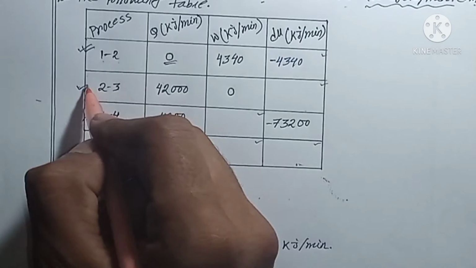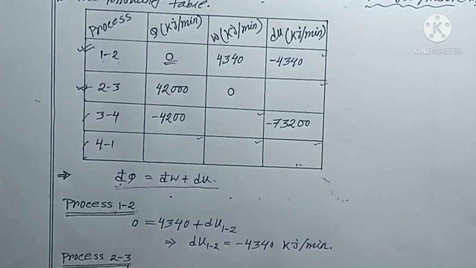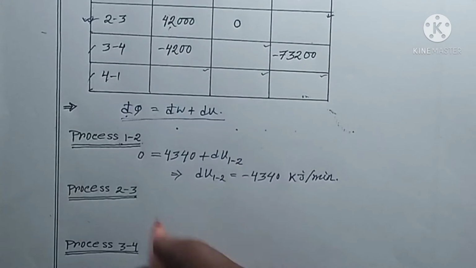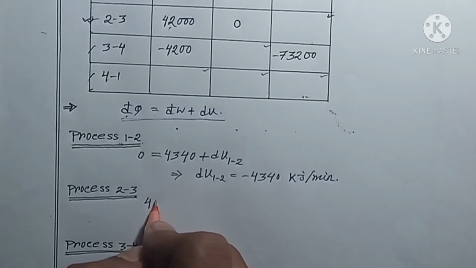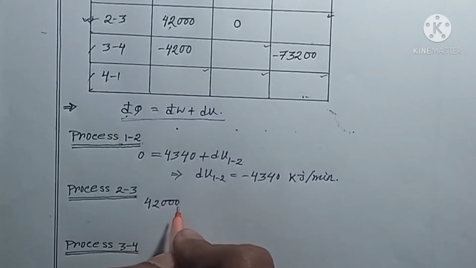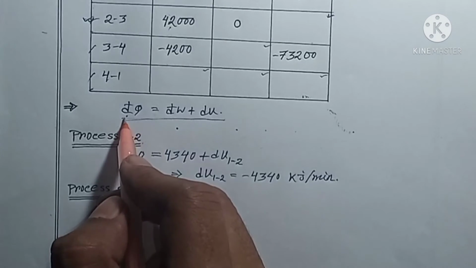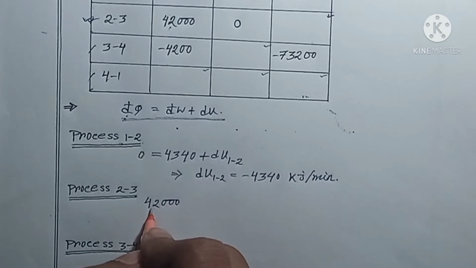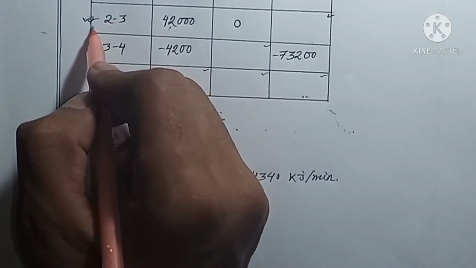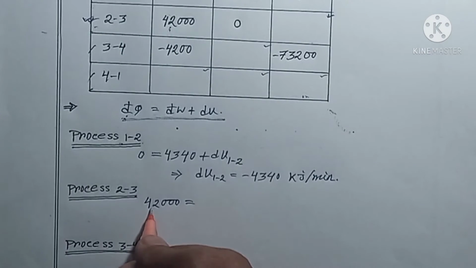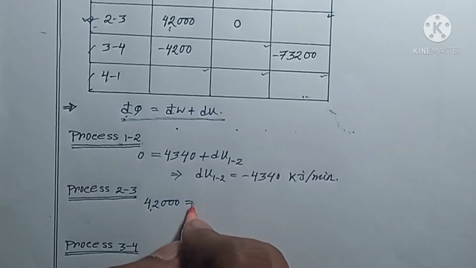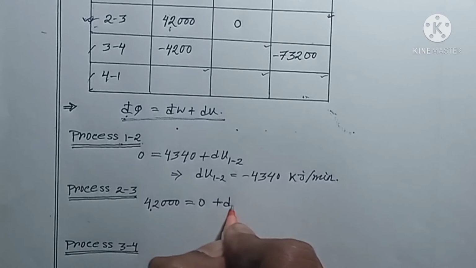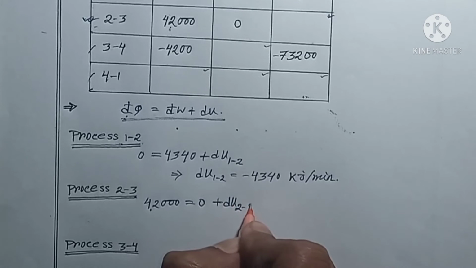Let's go to process 2 to 3. For process 2 to 3 also we have to find this blank. Now here dq is given as 42000. I'm not going to write this equation again and again; you can take it from here and just put the values in. So for process 2 to 3, the q value is given, and W is also given as 0, and we have to find du for process 2 to 3.